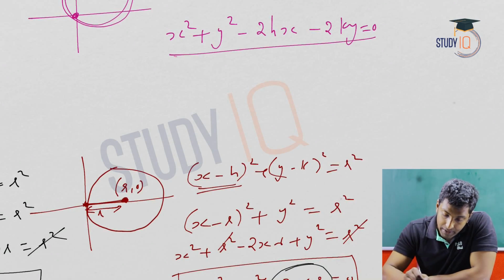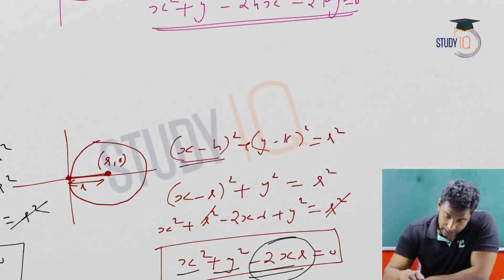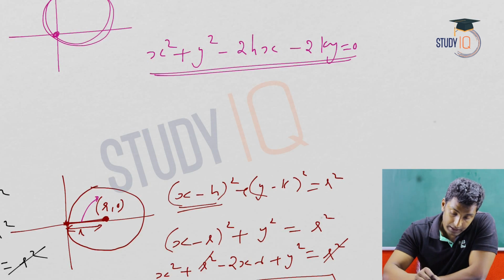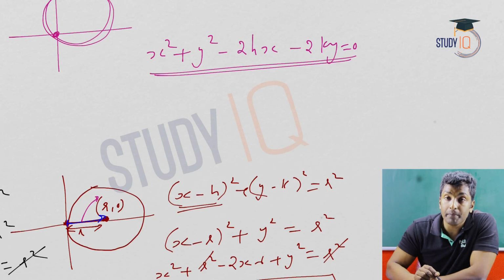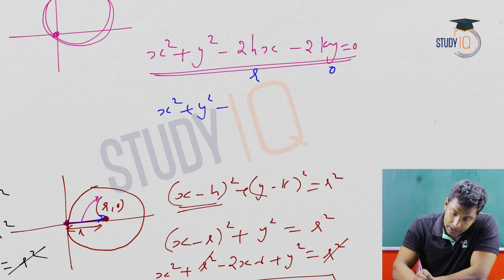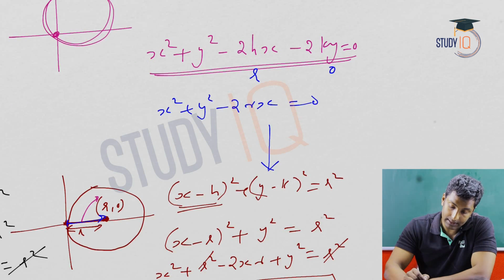Now, in the very same equation, you can see here x becomes r and y becomes 0. So when you put h is equal to r, and k equal to 0, what you will get? x square plus y square minus 2rx equal to 0. That is this case.